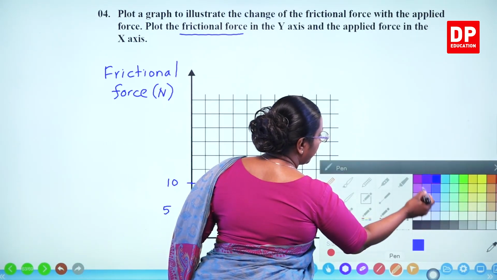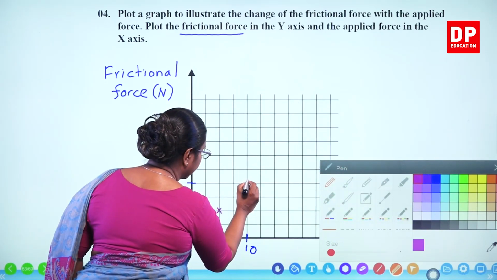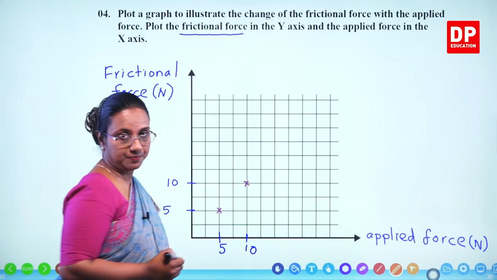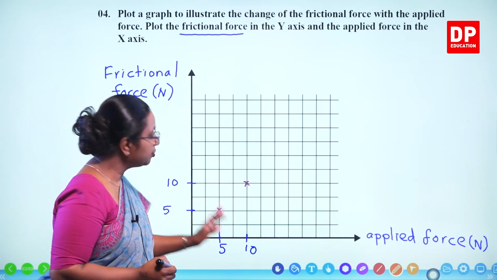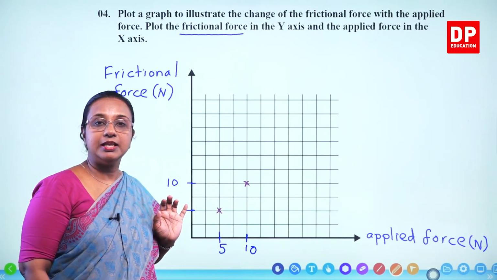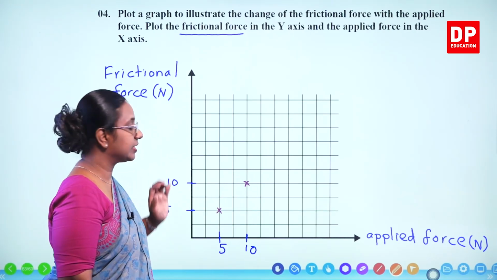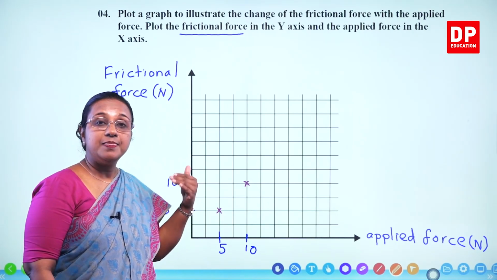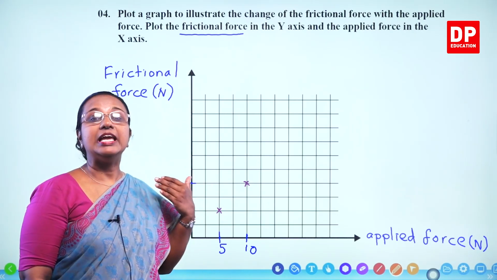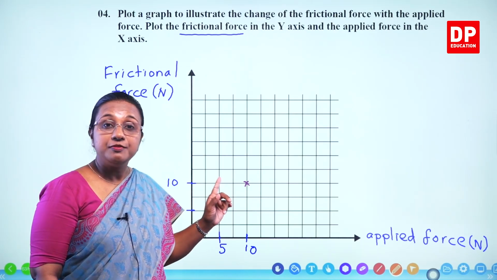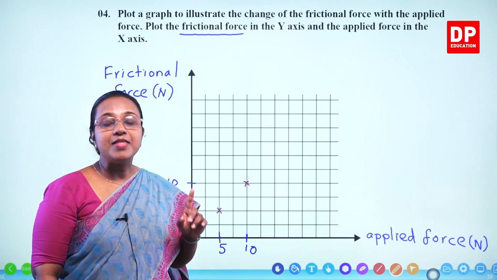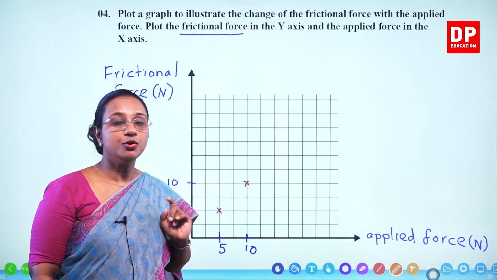The second point is going to be here, 10 and 10. So at these 2 points, the block did not move. So the forces are equal. Then we increase the force to 15 Newton and the block just starts to move.